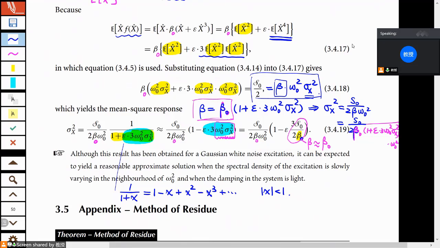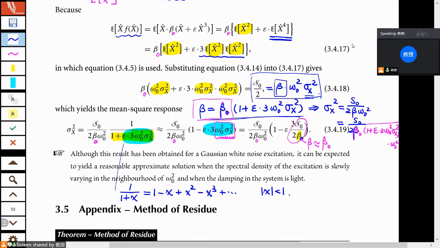Beta, the new term, is given by this. Then you express the mean square value in terms of the original system parameters.